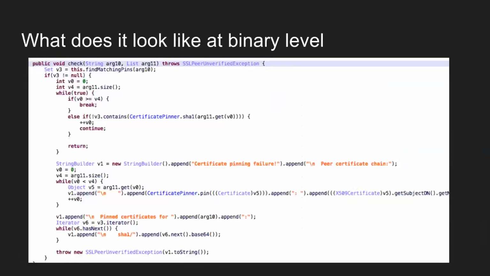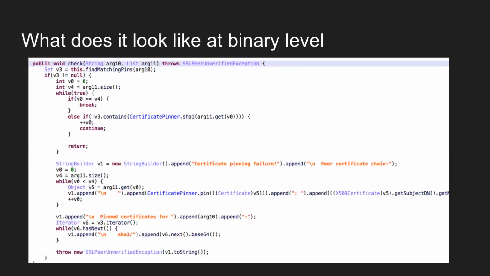Here's what it looks like at a binary level. We're in this check method, and you can see a couple things that will help you here in case you're unfamiliar. One, you're seeing a string builder with a string saying certificate pinning failure. So you have some clues there. Additionally, later on in the file, you're seeing this append X509 certificate, and also pin certificates on the bottom.